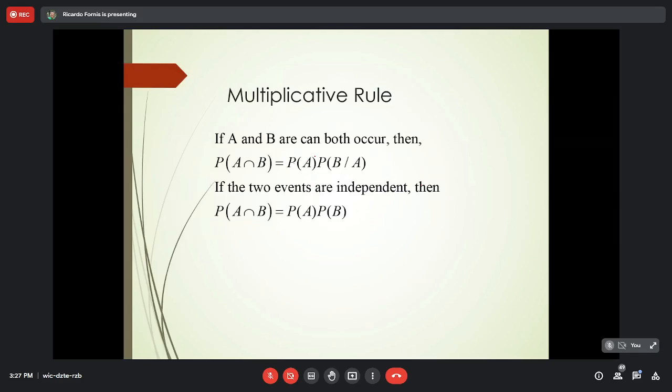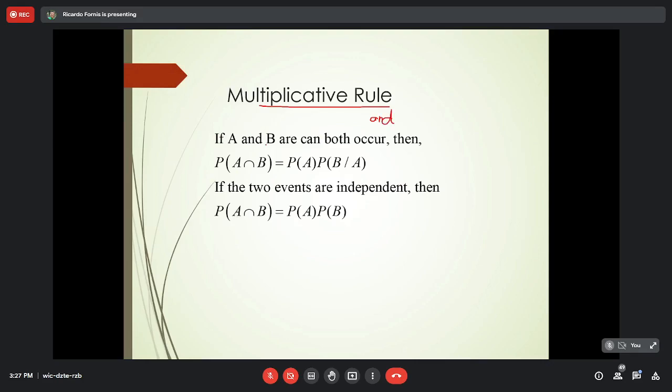If A and B can both occur, so this is now the multiplicative rule. A and B can both occur. So the connective used here in the problems later on is the connective and, not or but and.